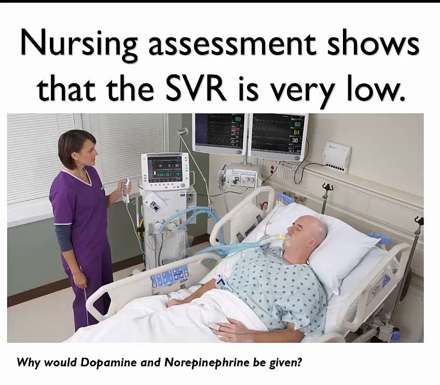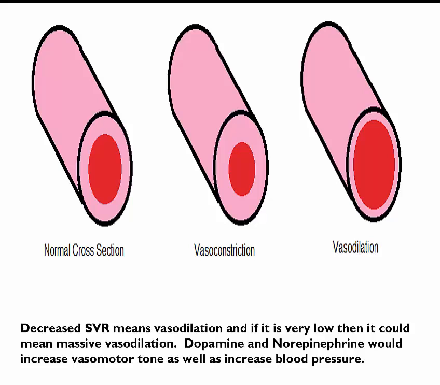Nursing assessment shows that the SVR is very low. Why would dopamine and norepinephrine be given? Decreased systemic vascular resistance means vasodilation, and if it is very low, then it could mean massive vasodilation. Dopamine and norepinephrine would increase vasomotor tone as well as increase blood pressure.